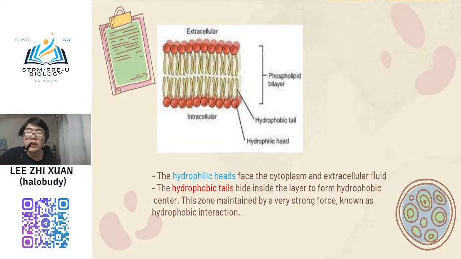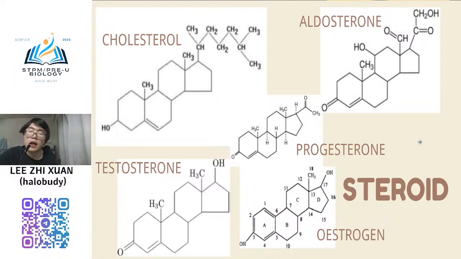These are all the open chain lipids. There are two open chain lipids that you need to learn: fat, triglyceride, and phospholipid. Phospholipid, another term is lecithin. Okay, now we go to the fused ring structure. This is the fused ring structure. We call it steroid.